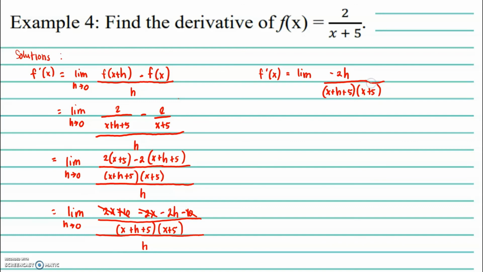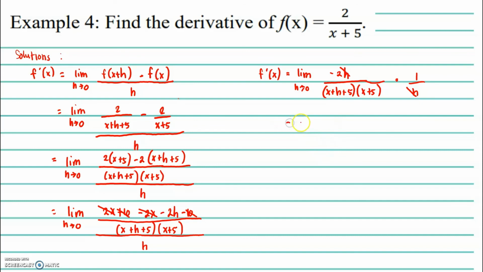Right. Now, we have here a complex fraction. When we simplify complex fractions, or when we divide a fraction by h, we take the reciprocal of the divisor, which is h, and proceed to multiplication. So we have here negative 2h over x plus h plus 5 times x plus 5, times the reciprocal of h, which is 1 over h, as h approaches 0. Now we can divide out h.